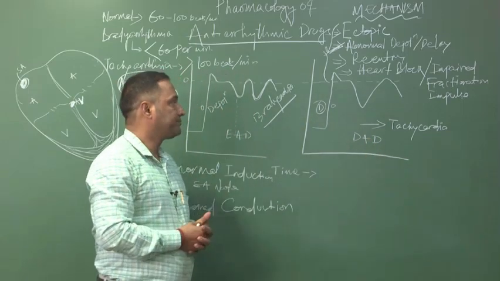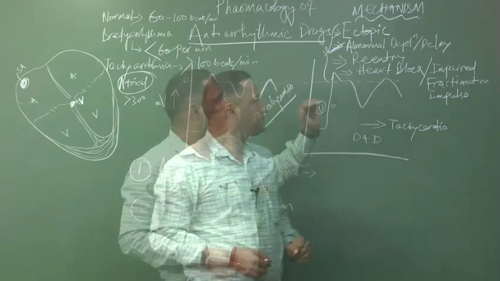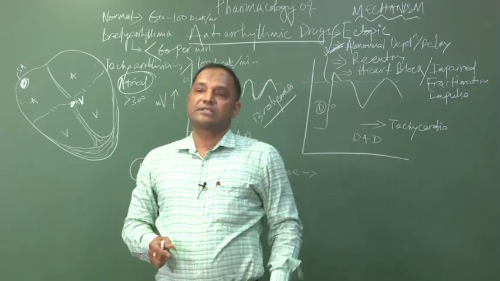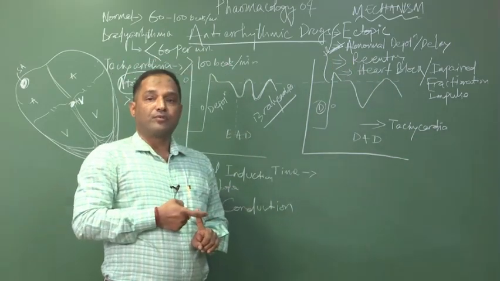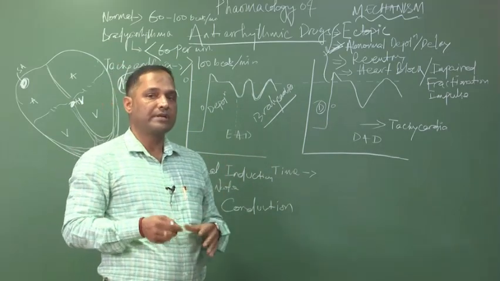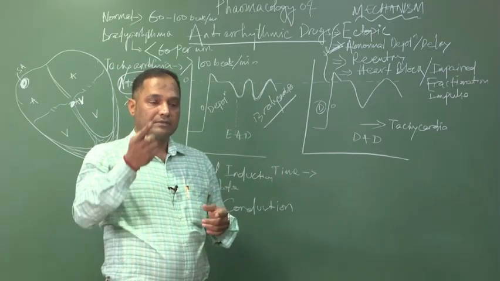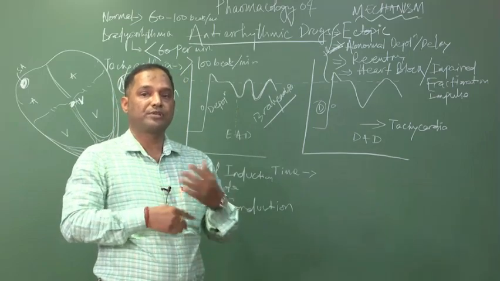The third one, heart block or the impaired fractionation of impulse. Sorry, the third one is the re-entry. So, re-entry is a kind of thing where the movement of ions or the movement of cations or the movement of flow into a particular area, within the cycle, it represents more than 2 times or 3 times.